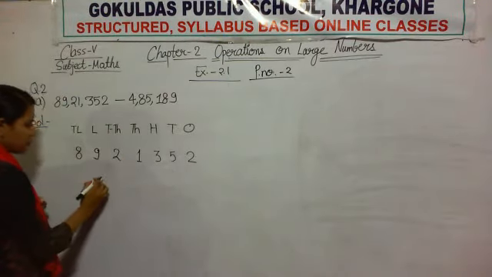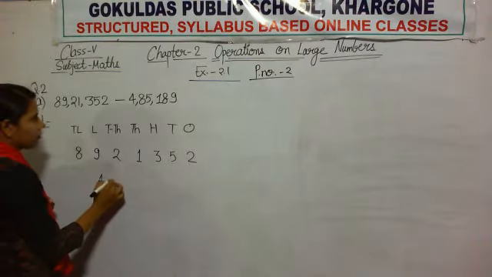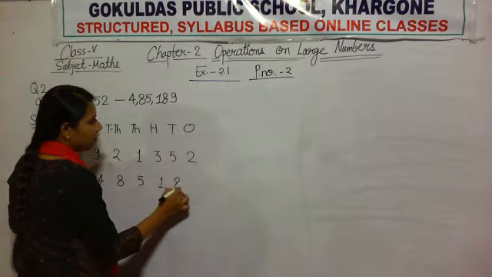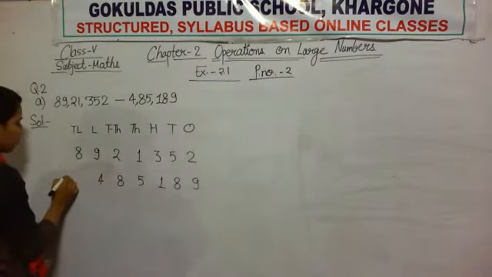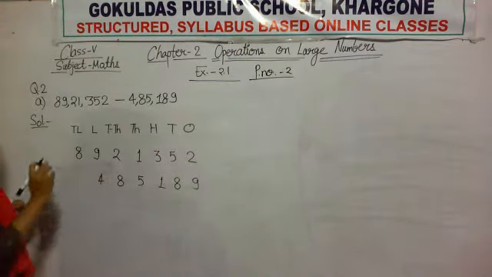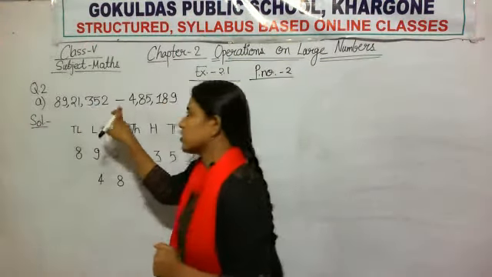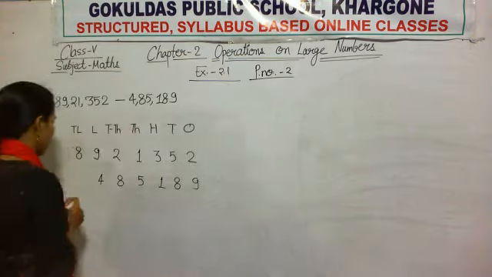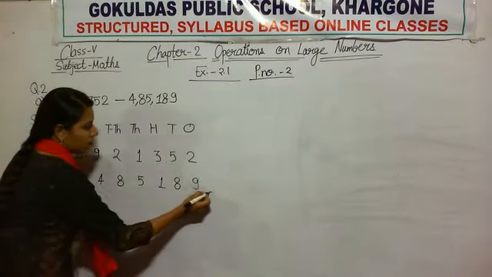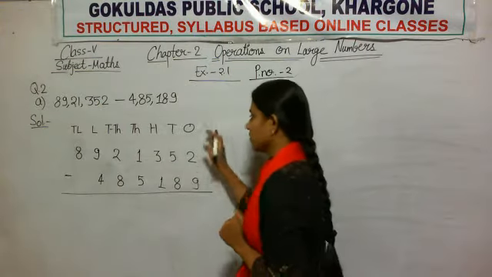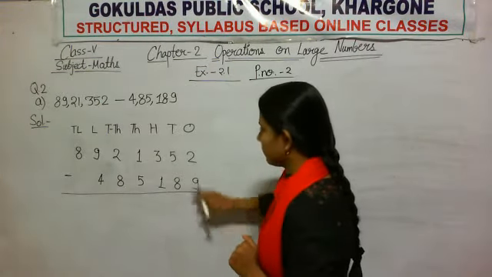And the second number is 4 lakh, 85,189. Now, which operation are we performing here? We are performing subtraction, right? So I will put the minus symbol here. Okay, now start subtracting.